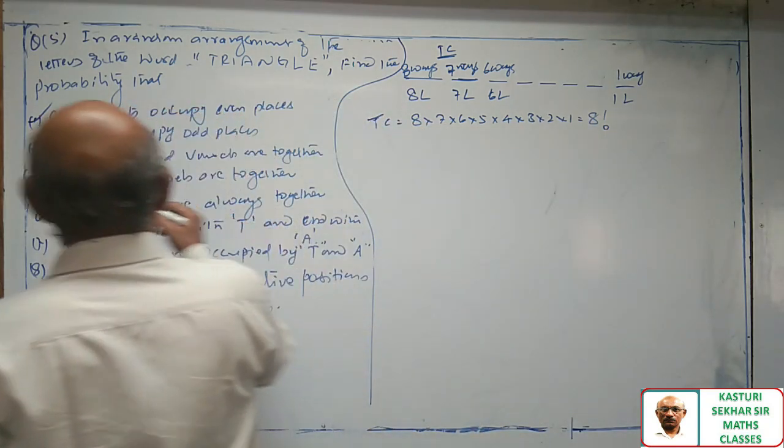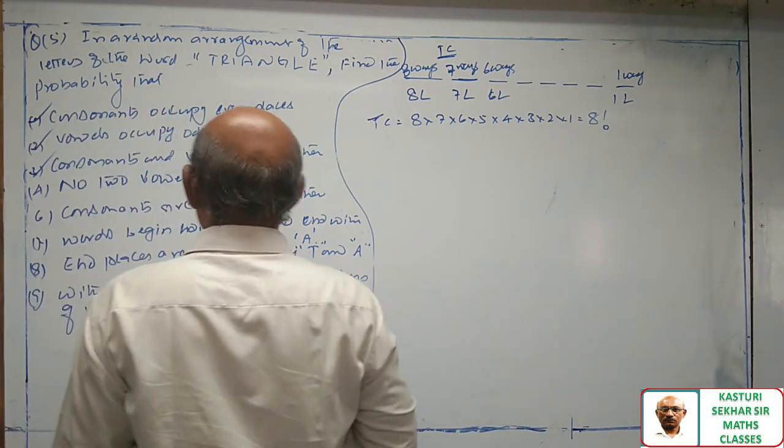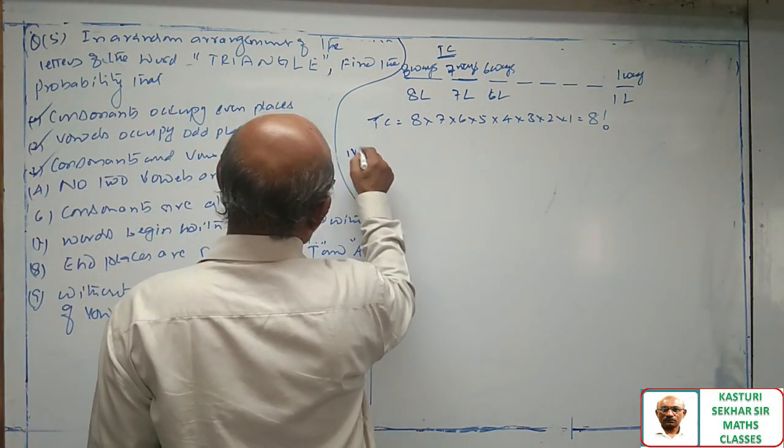Now look at the question number 4: no two vowels are together.